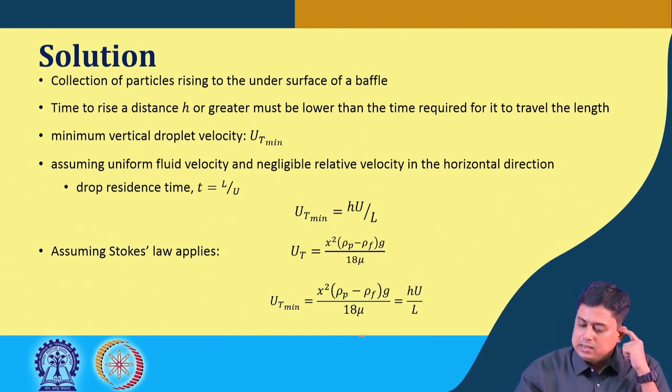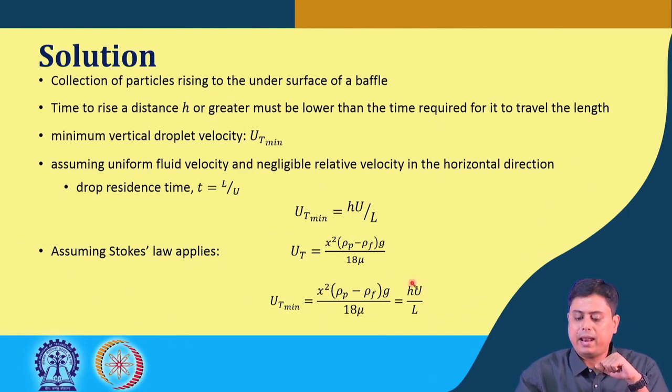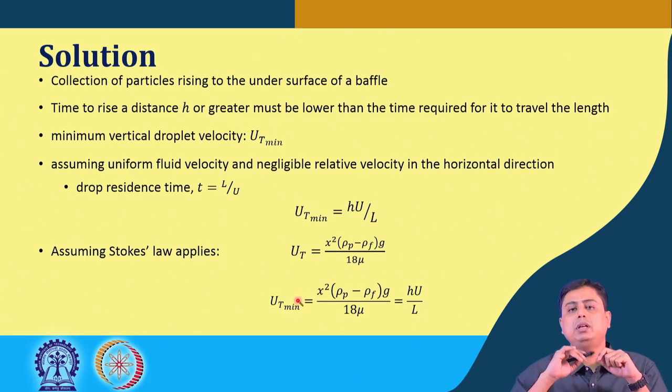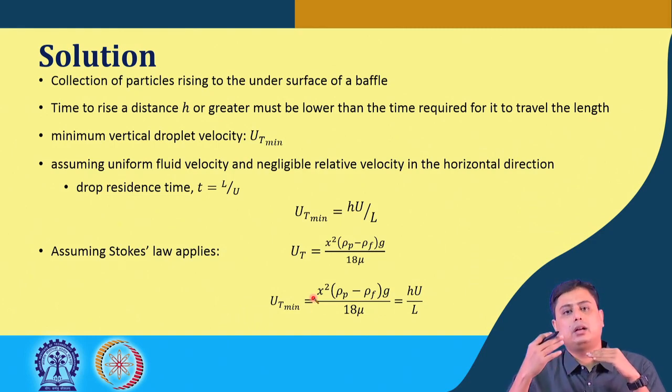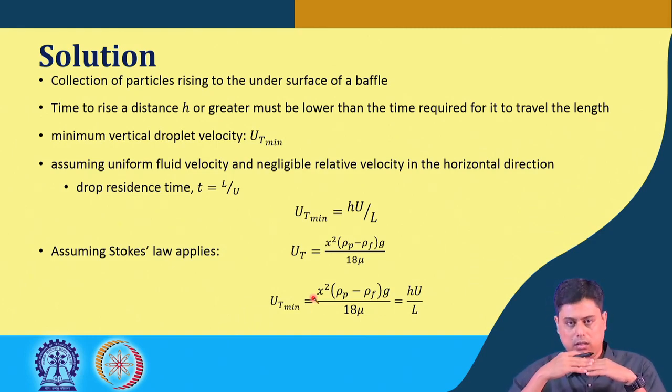Okay. So, in this case all the parameters are constant except this x value, because there can be a droplet size variation. So, irrespective of its initial position, depending on the droplet diameter, ut will be different, and that would be their corresponding minimum terminal velocity or the rise velocity that they have to acquire.